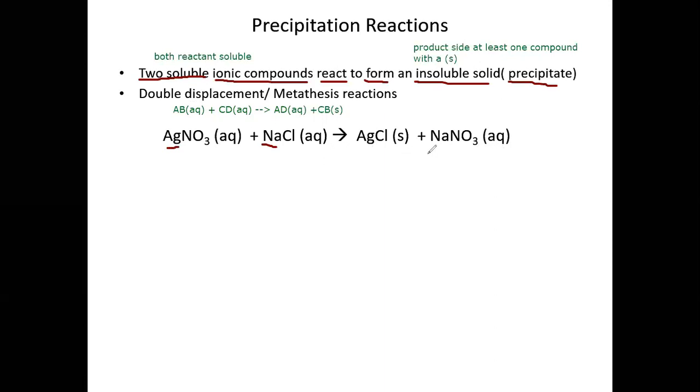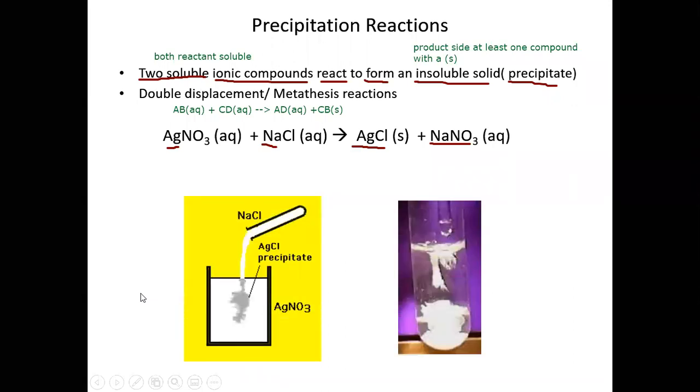Once you switch and form the two products, you look at the solubility rules and ask yourself, is silver chloride soluble or not? If no, you put an S. Then you ask yourself, is sodium nitrate soluble or not? If yes, you put AQ. And then from here, you can write the ionic and net ionic equations. So when you mix silver nitrate and sodium chloride, you'll see that you form a precipitate, silver chloride.